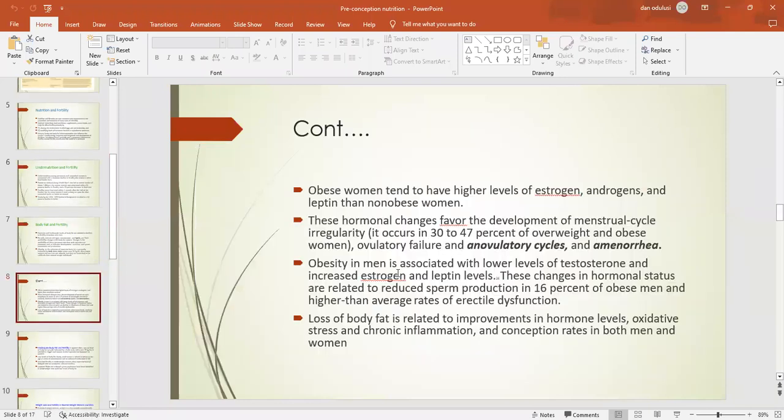Obesity in men is associated with lower levels of testosterone and increased estrogen and leptin levels. These changes in hormonal status are related to reduced sperm production in 16% of obese men and higher than average rates of erectile dysfunction. So loss of body fat is related to improvements in hormone levels, oxidative stress, chronic inflammation, and conception rates in both men and women.